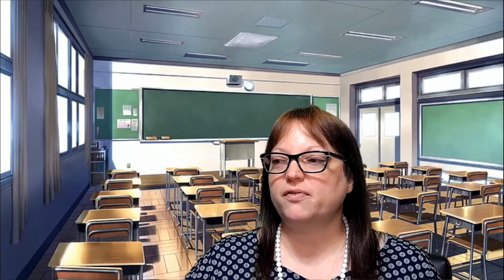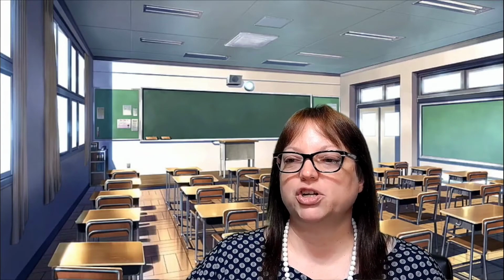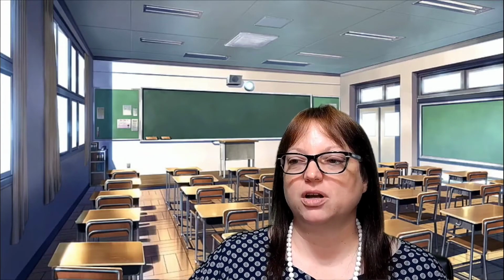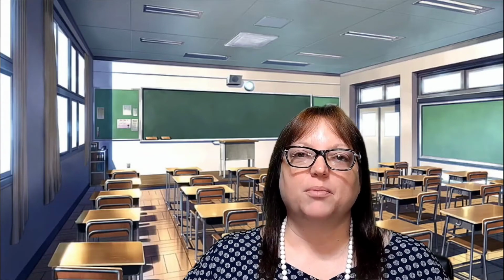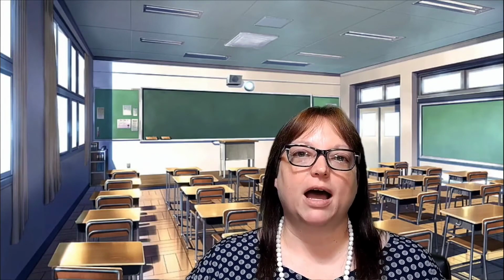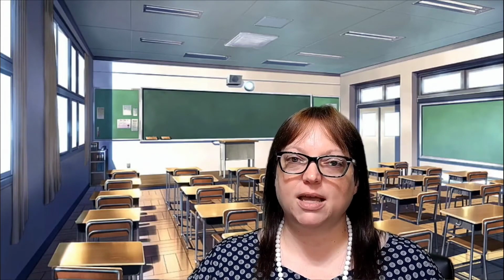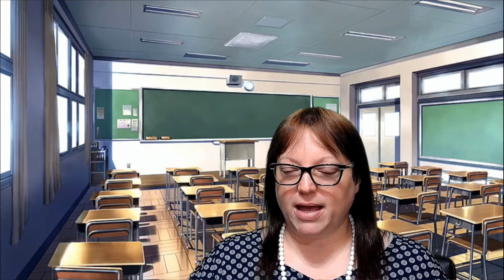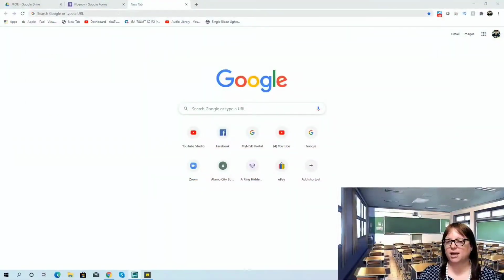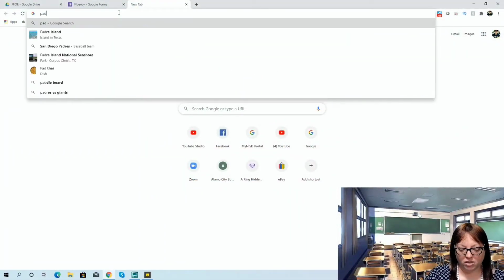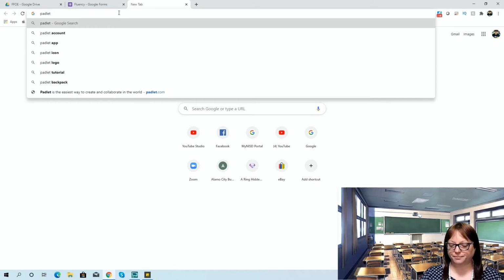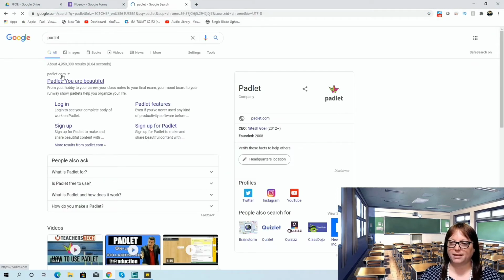So there's one final way that I want to show you that you can do this, and I'm sure a lot of you are familiar with it, but I just wanted to talk about how you could use this for fluency, and you may have thought about it already as I was talking. You can go through and you can use Padlet, okay? So you just search for Padlet.